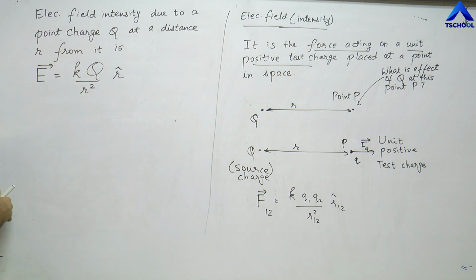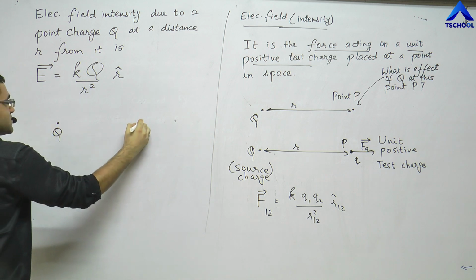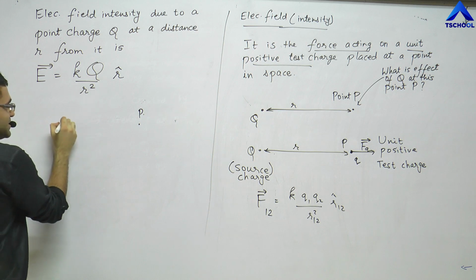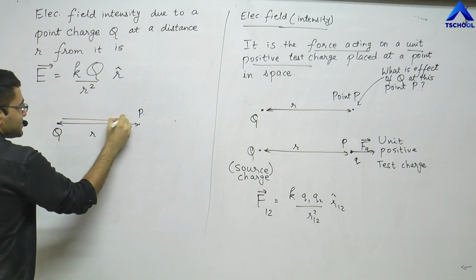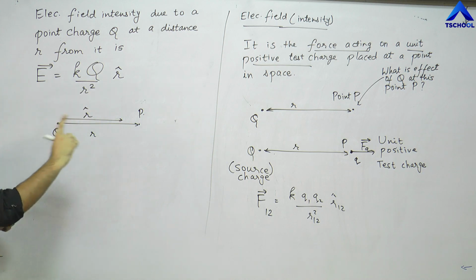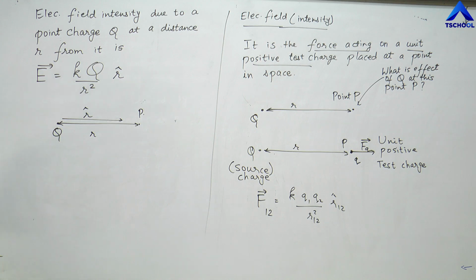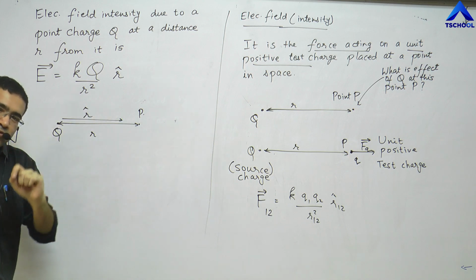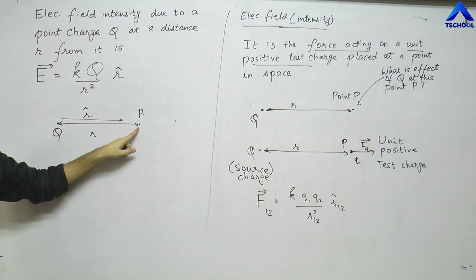The diagram is in front of you, but for the sake of completion, here we have a point P, this distance is r, and this direction is the r hat direction. In that case, you have this formula: E vector is kQ by r square r hat. Again, to remind you, this shows you the effect of the charge capital Q at this point.